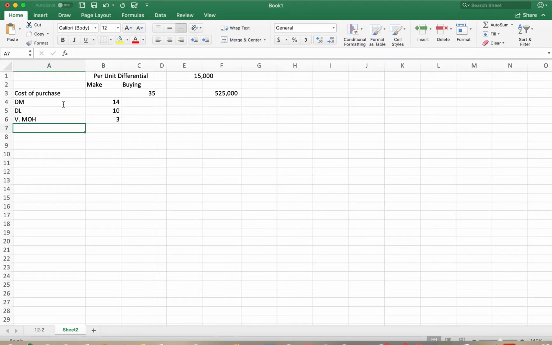Then we have the fixed MOH that is actually traceable specifically to the carburetor division. Now notice that it has a 6 and an asterisk. That asterisk says that 1/3 of this cost is supervisor salary, and 2/3 of this $6 cost is for depreciation of special equipment.